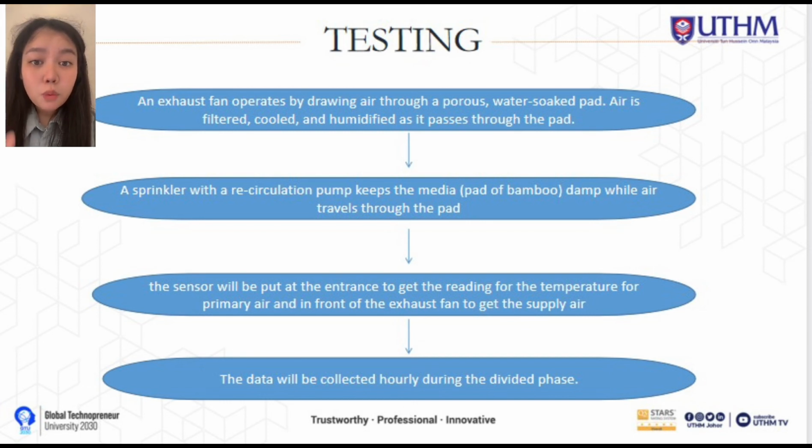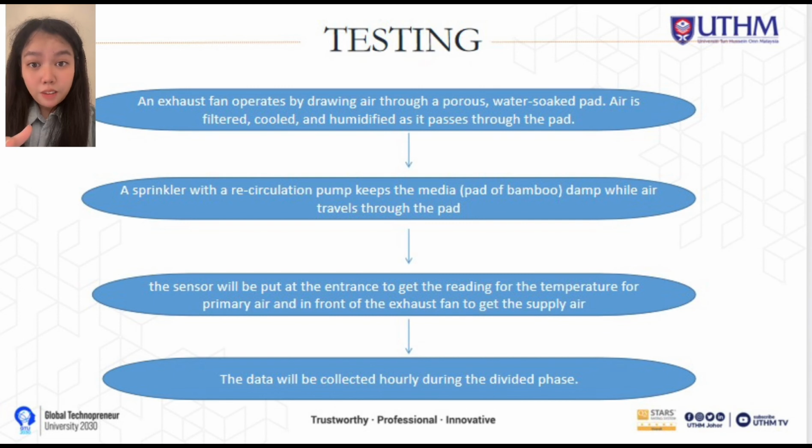A sprinkler with a circulation pump keeps the media damp while air travels through the pad. To guarantee that the entire medium is saturated, often more water is pumped than can evaporate, and excess water will drain back into the water tank. The evaporated water is replenished by an automatic refilling system.